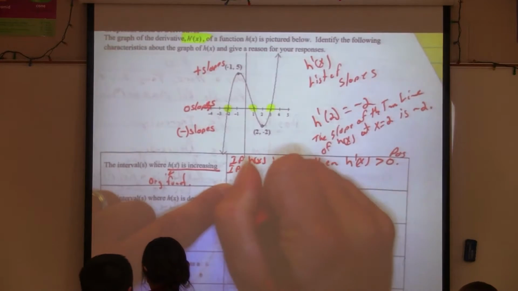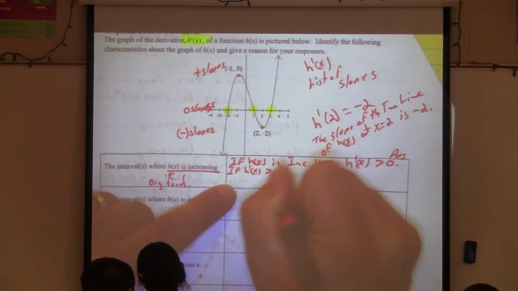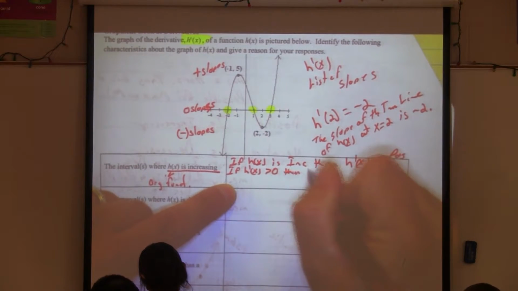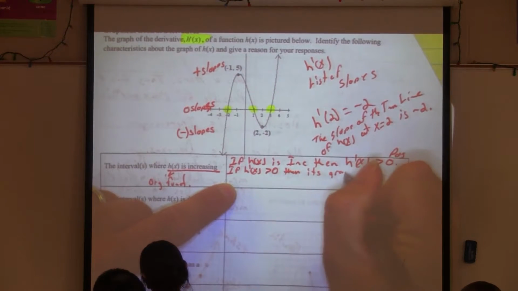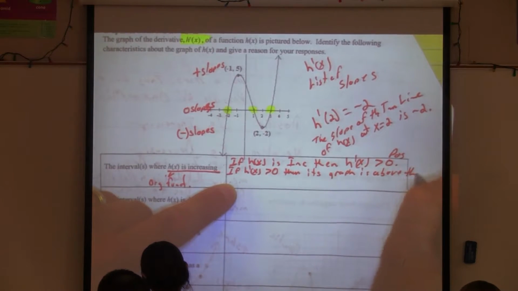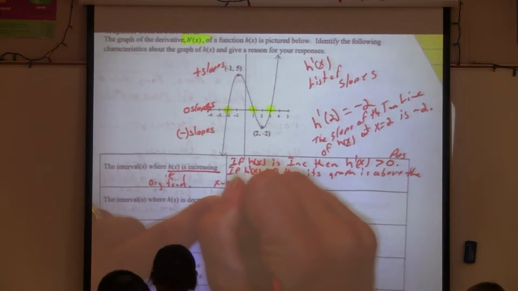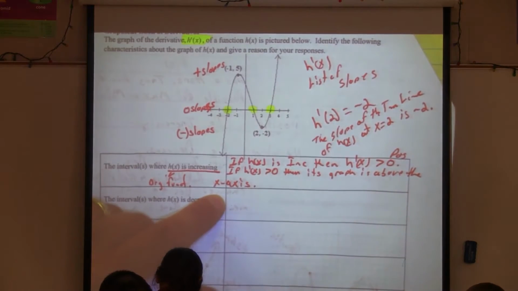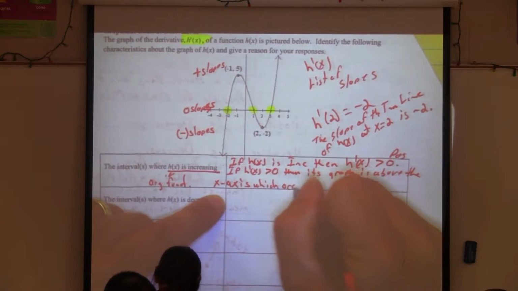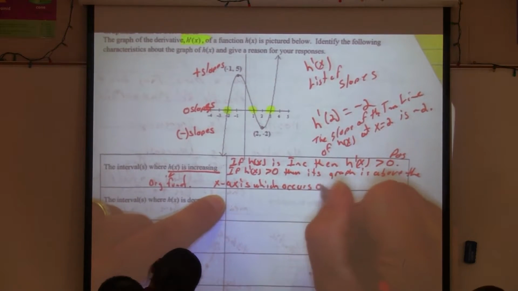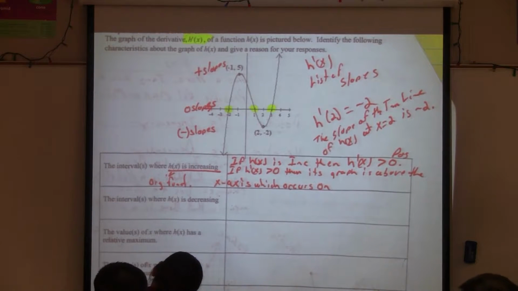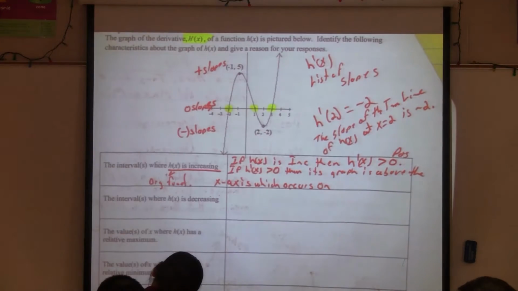So let's write that down. If h prime of x is greater than 0, then its graph is above the x-axis, which occurs on what intervals? Can you tell me from where to where this derivative graph is above the x-axis?